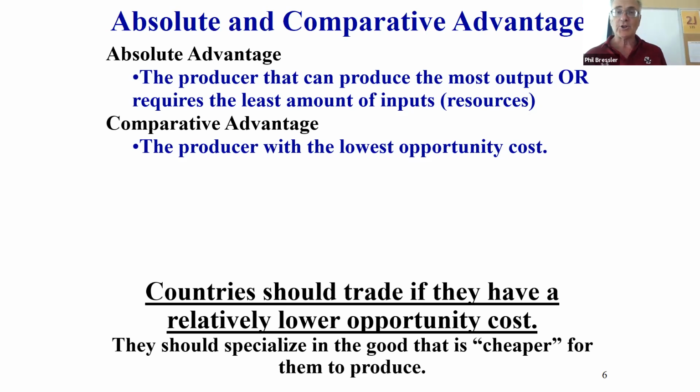And then countries should trade. So if the United States has a lower opportunity cost in cars, they're going to make cars and trade them to Japan for computers. Any questions on absolute or comparative advantage? Comparative advantage drives trade. That's what makes trade happen.